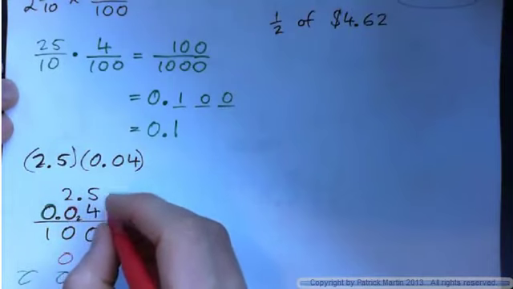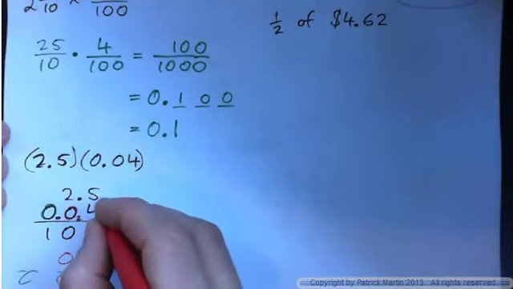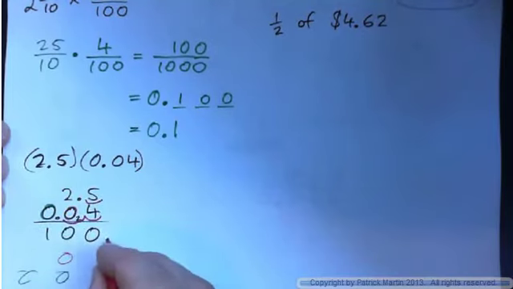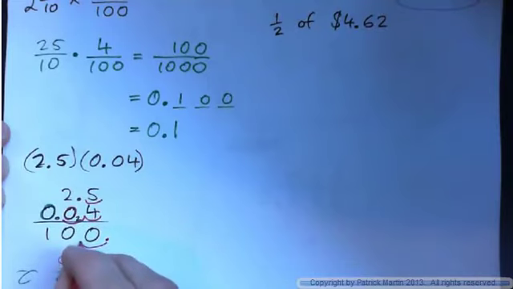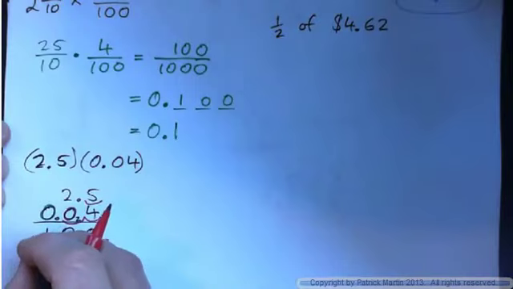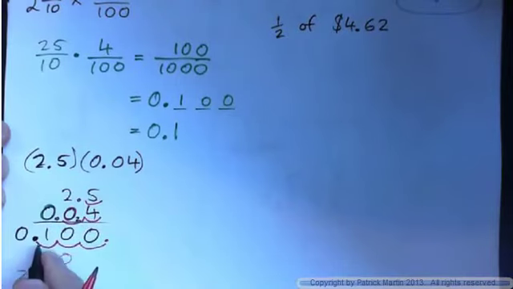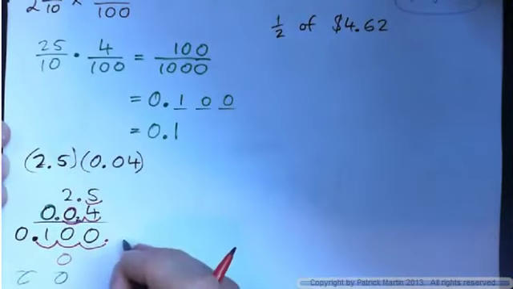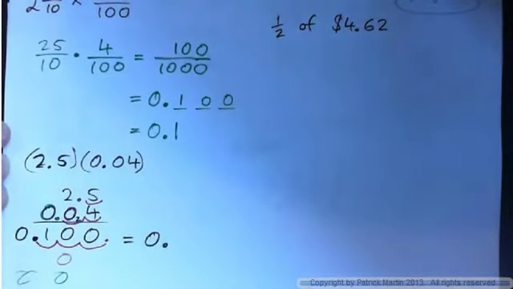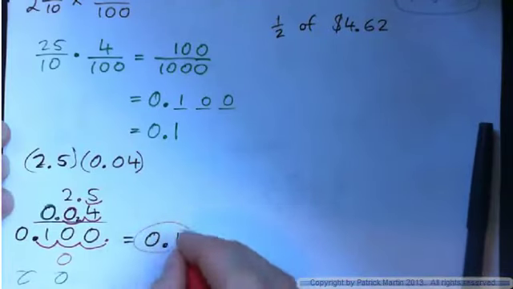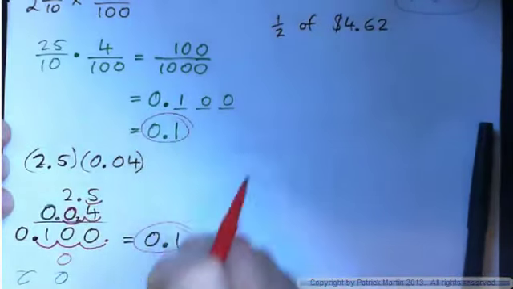And I can count the decimal places in the question. So 1, 2, 3, and count them in the answer then. 1, 2, 3, right? And so you put a decimal point here, and we have 0.100, which is what we had up here. And that, of course, can simply be written 0.1. Same thing, right? So the answer is 0.1 in both cases.